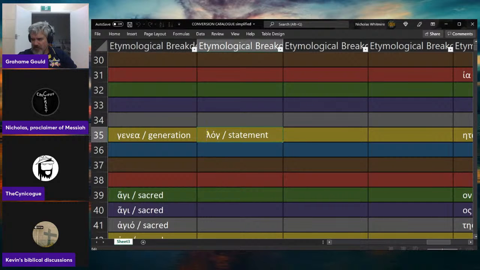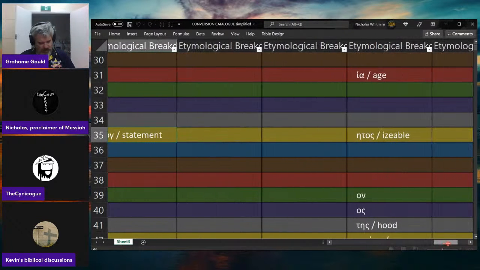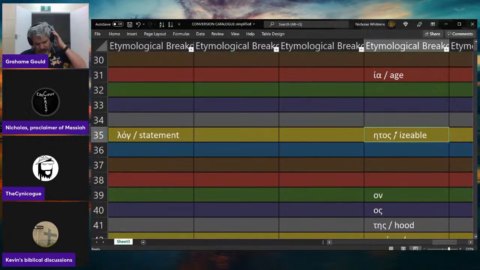And then a log is statement. So that's why, like a captain's log, the captain is stating what happened that day. Or if you account for something, it's an accountant's log and it's stating what went on, you know. And then atos is my favorite suffix at the end because it means eisable. Eis turns it into a verb.